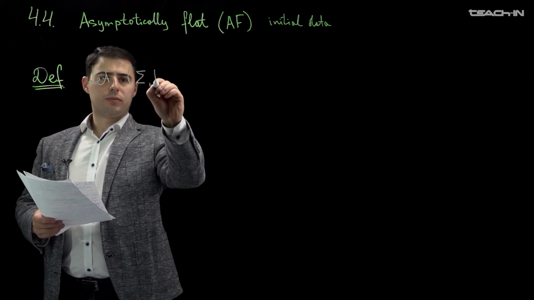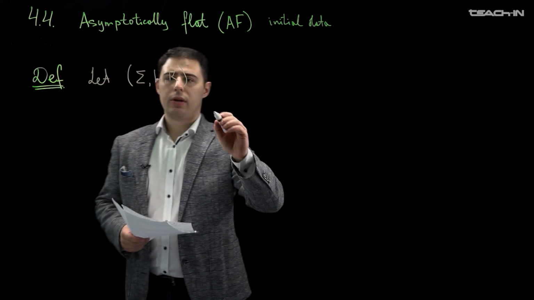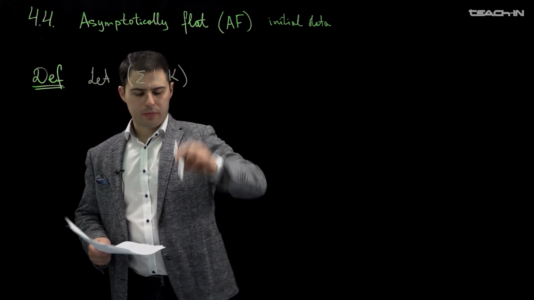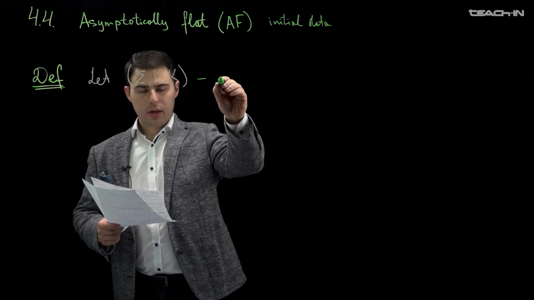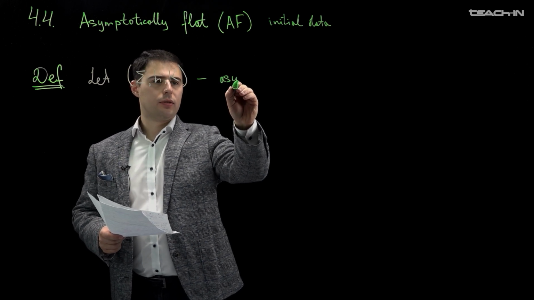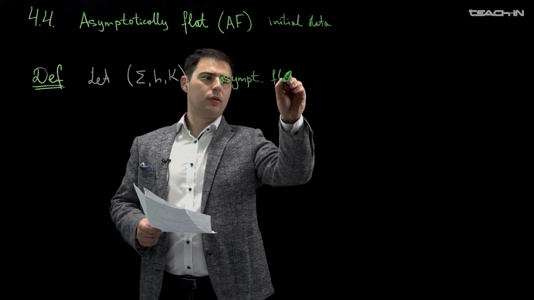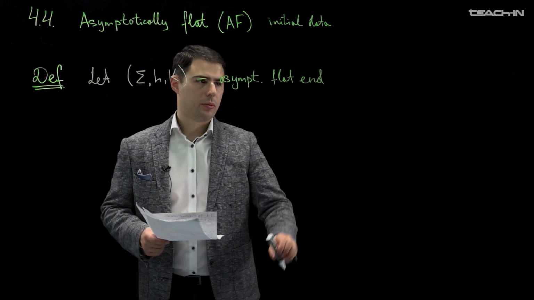We will call the initial data sigma, metric, and extrinsic curvature an asymptotically flat end if it satisfies the following properties.